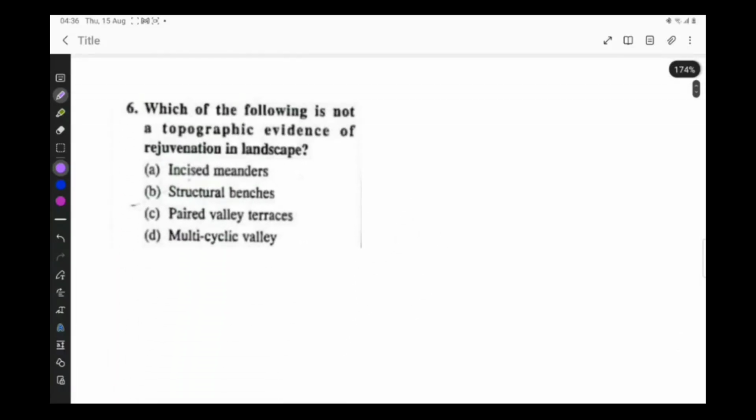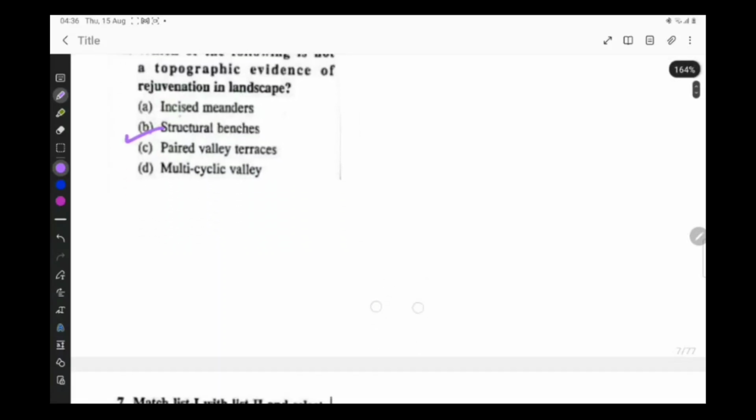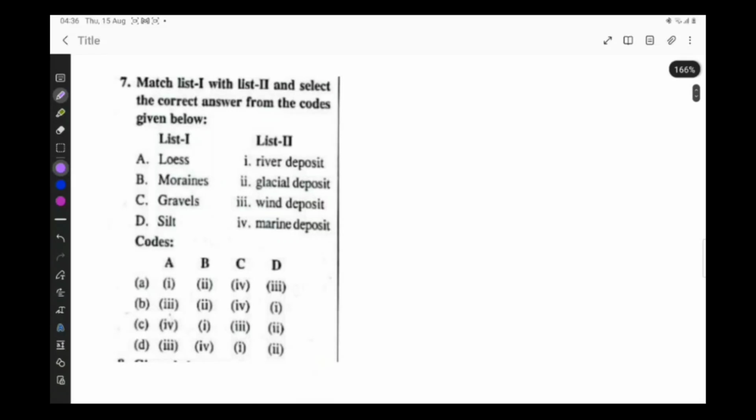Which of the following is not a topographic evidence of rejuvenation in landscape? The answer is B, structural benches. Next question, we have to match these.